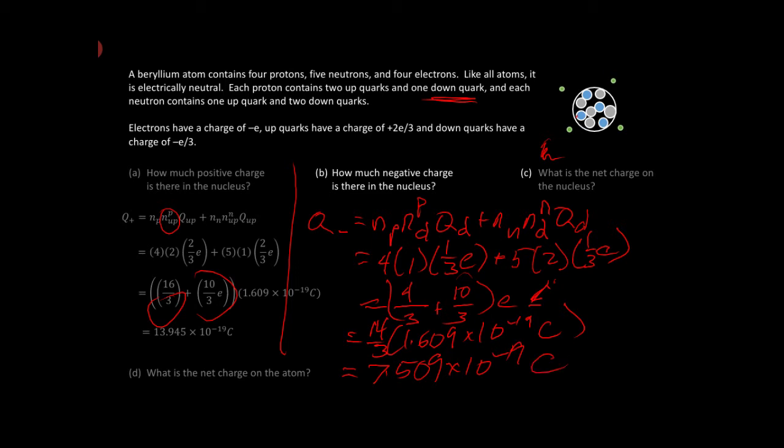And you'll have to enter that the same way with the E and all that other stuff. But that is the answer there. It's 7.509 E minus 19 space coulombs. So there has to be a space between the number and the unit. Remember that.